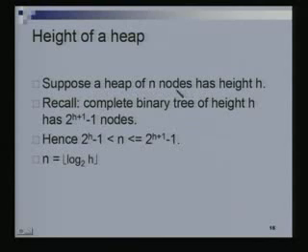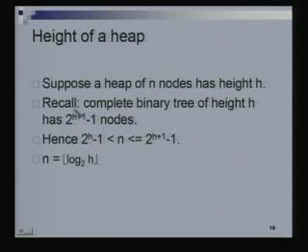If we have a heap of n nodes with height h, note that since the height of the heap is h, it has more nodes than a complete binary tree of height h minus 1. A complete binary tree of height h minus 1 has so many nodes in it. So, the number of nodes in the heap is larger than the number of nodes in a complete binary tree of height h minus 1.